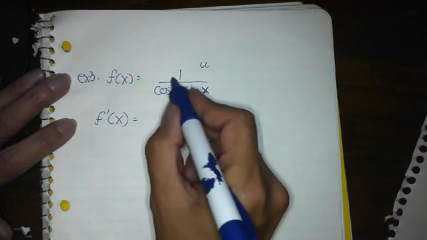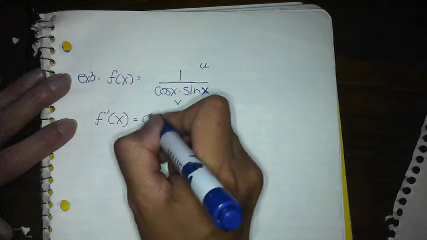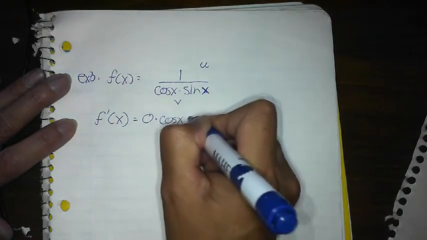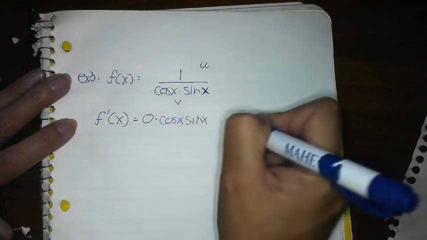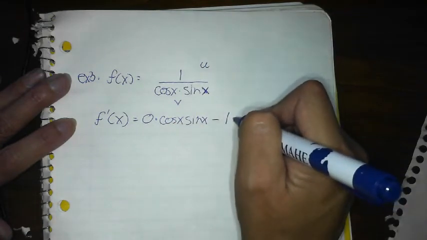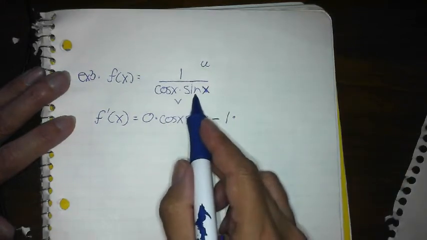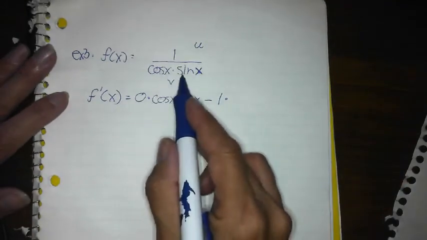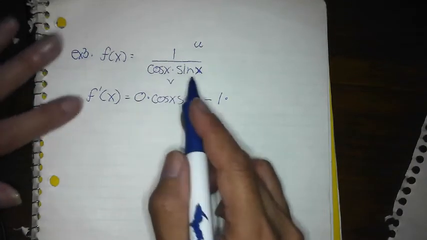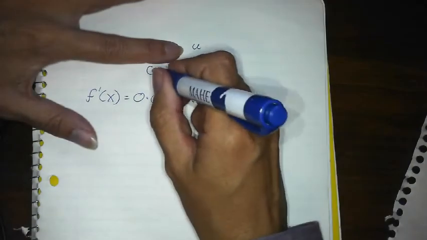So we've got our u over our v. So starting, derivative of u is 0 times the denominator, subtract, keep the top, multiply by the derivative of the bottom. And here it is. Your bottom is a product. So inside of this v, we've got a product where I have u times v.